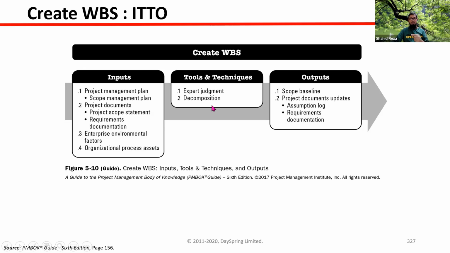All right. This decomposition tool we will see in two processes only. One is here, another one we will see in the define activities process in the schedule management chapter. After decomposing, we will get the WBS, but here WBS is not mentioned. What is mentioned is the scope baseline.